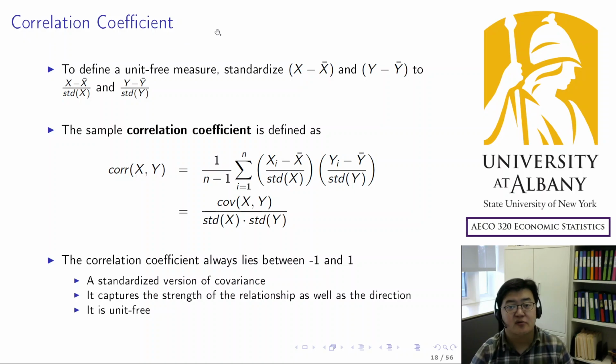And the idea is simple. You know how to standardize a variable. Earlier, we used deviations only, but these deviations change when you change the measurement unit. So now the idea is, let's standardize those deviations.